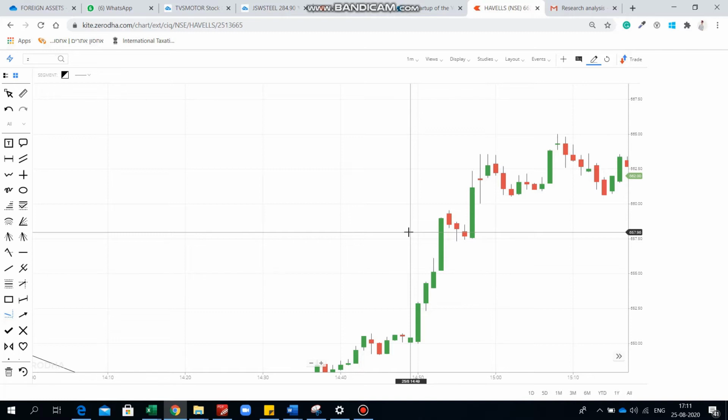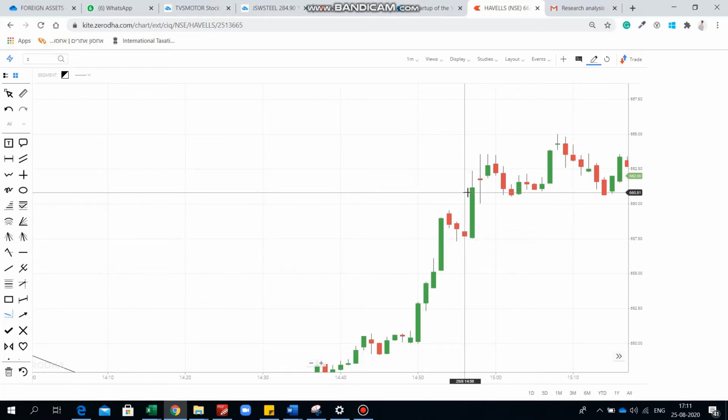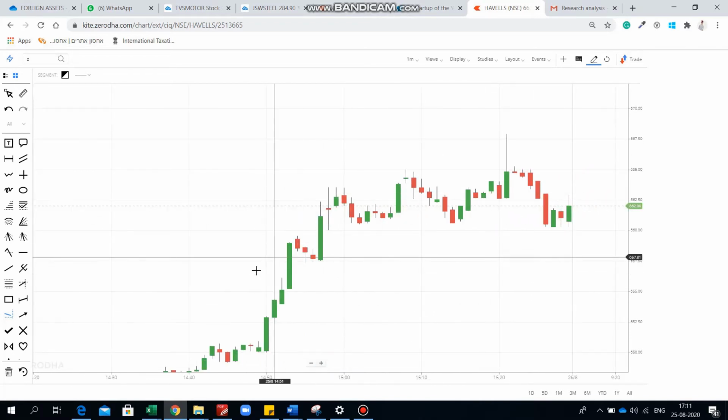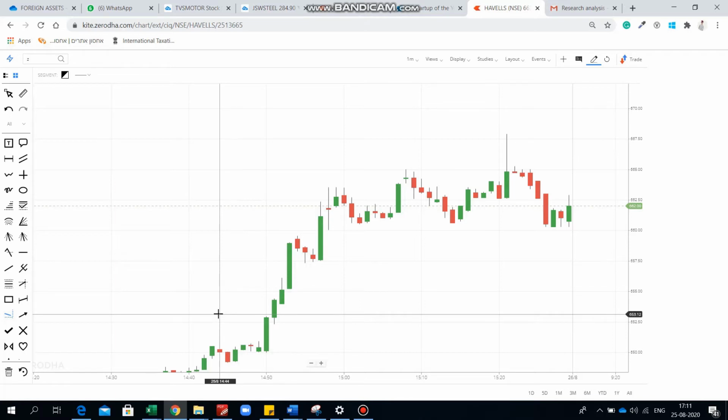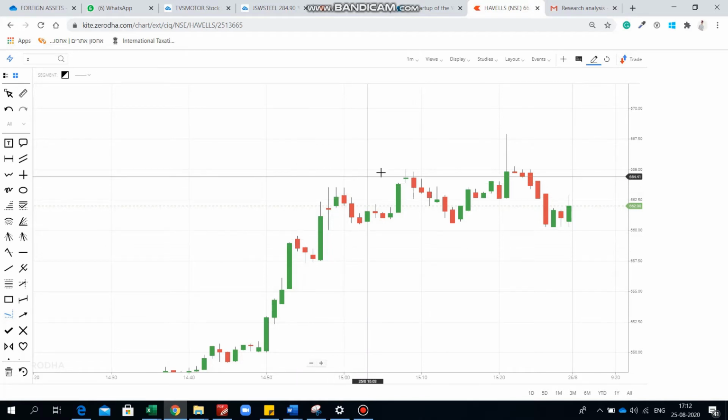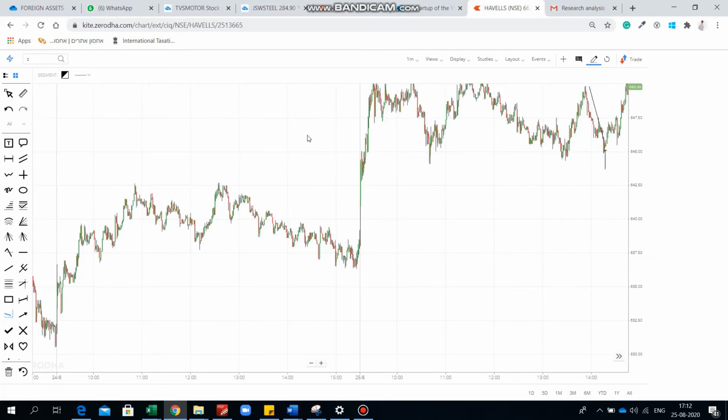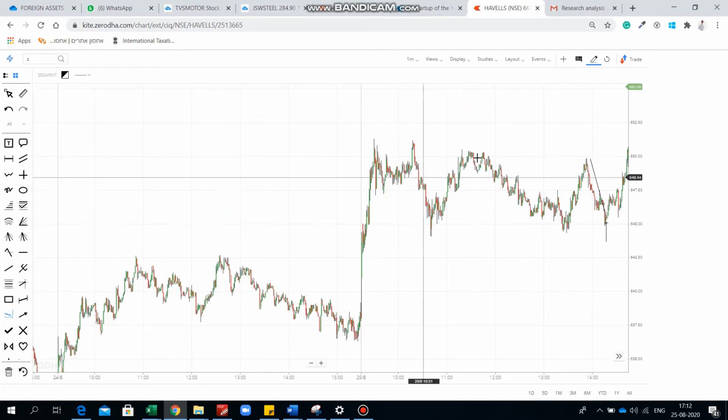But to trade on these Dragonfly Doji or Gravestone Doji, these are the conditions. Before finding a Gravestone Doji, there should be a good uptrend movement.